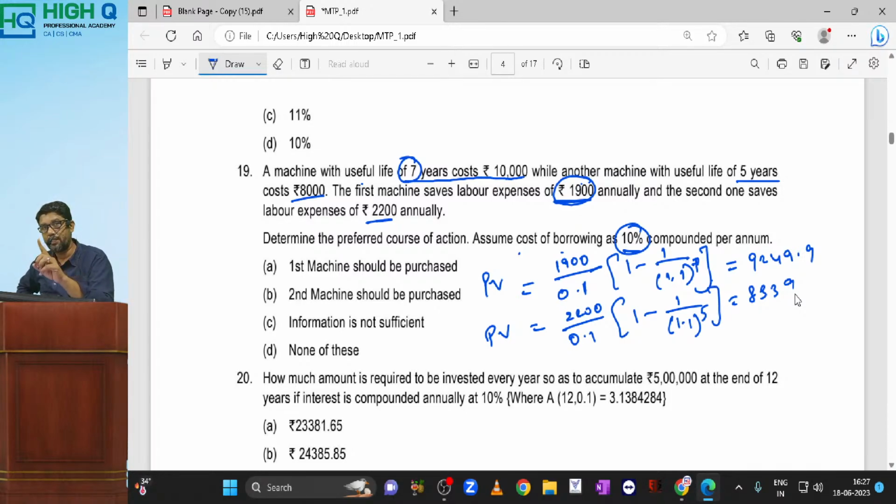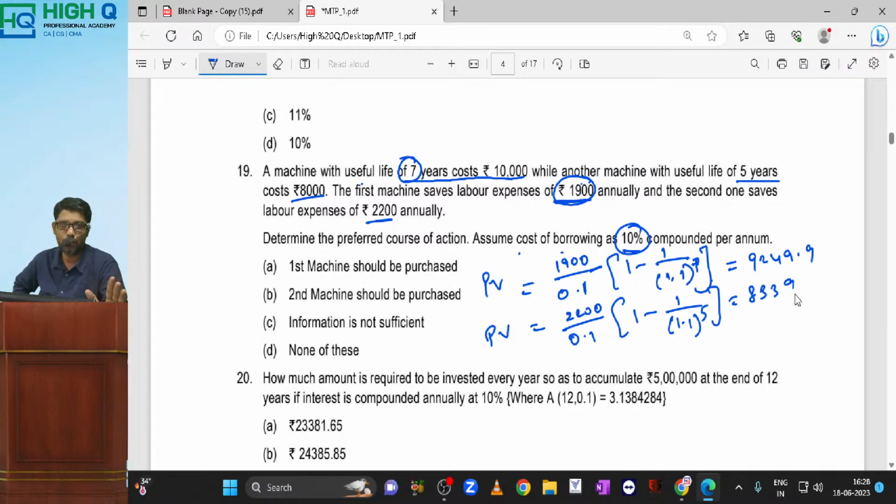But the actual machine cost is 10,000 rupees, and I am saving only 9,200. That means my labor cost saving is much less than the machine cost, so there is no point in buying that machine. Whereas in the second machine, the machine cost is 8,000, and labor cost saving is 8,339. Now tell me, my dear, 339 rupees extra it is saving. 339 rupees actually saving.